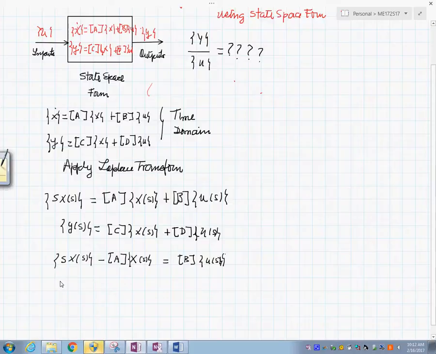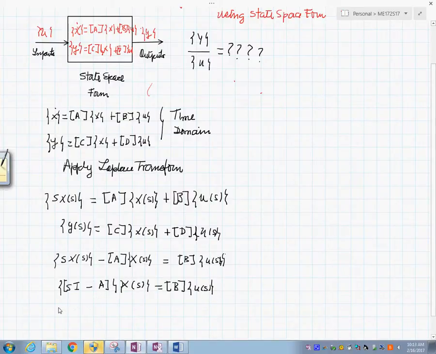So this would be sI minus the matrix A, times the vector x of s, is equal to what we have on the right-hand side.